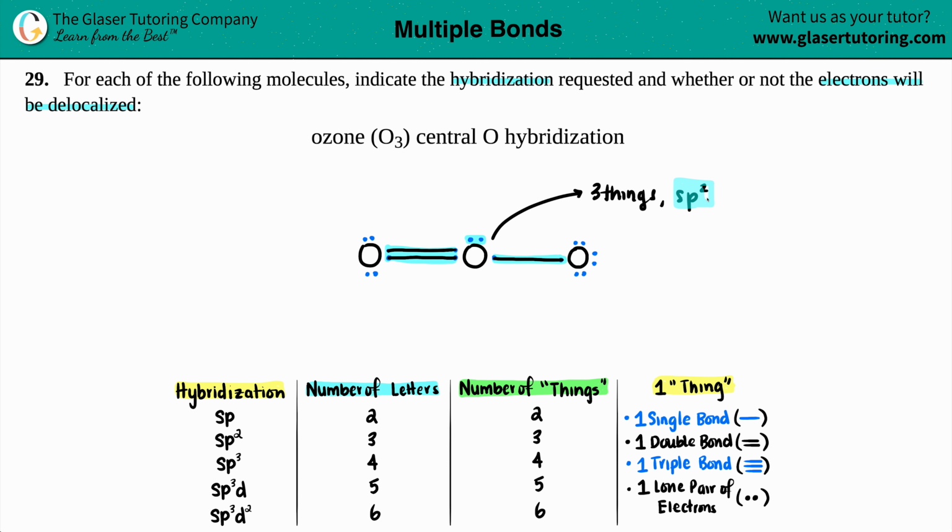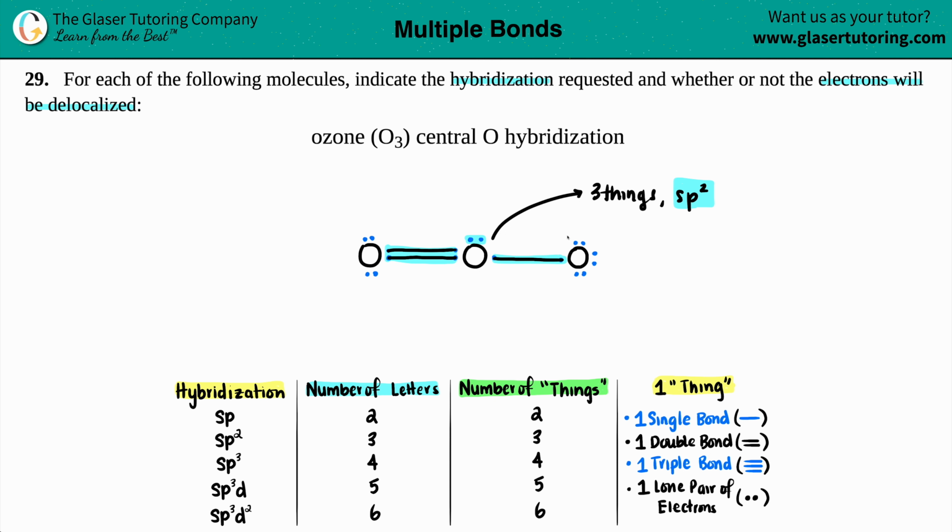And now the last thing we have to do is determine, can the electrons be delocalized? Delocalized electrons means that some of the electrons are not bound specifically to a certain bond. They're free floating. You can find out if electrons are delocalized if you have a drawing that shows a double bond and you have two of the same elements on both sides.